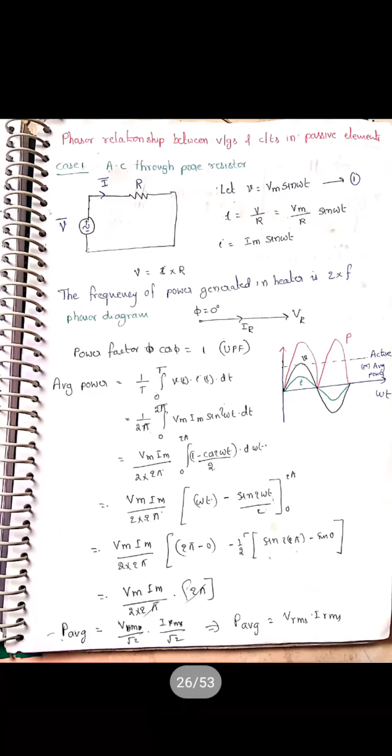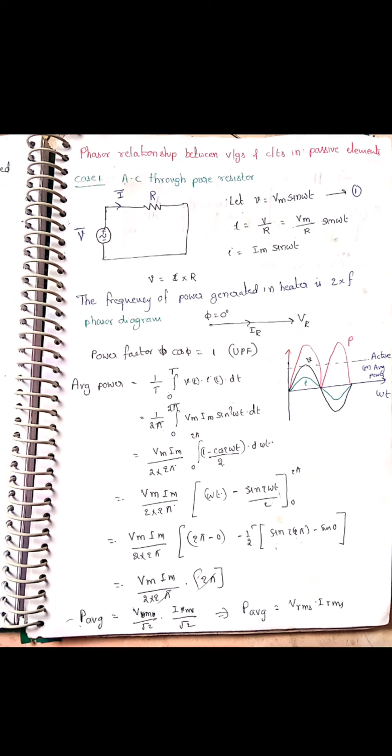Now if I draw the phasor diagram, taking voltage as the reference, the voltage vector and the current vector exist in the same phase, but the current vector magnitude is always less than the voltage magnitude. Why? Because we define current i is equal to v by R. Resistance, remember, practically is mostly more than 1.